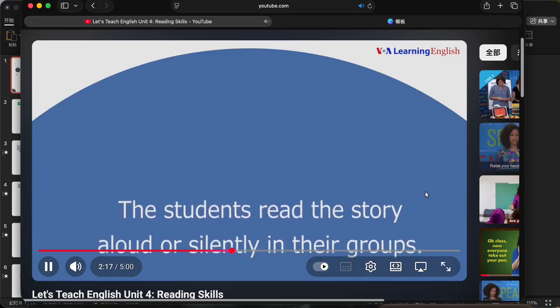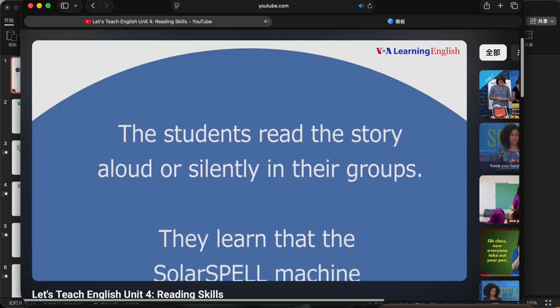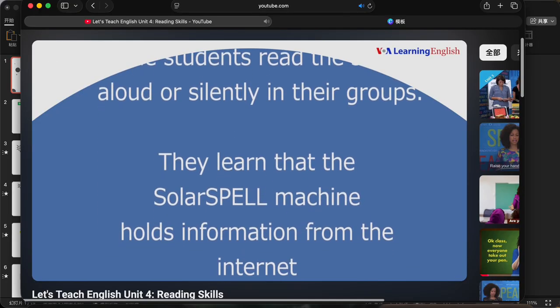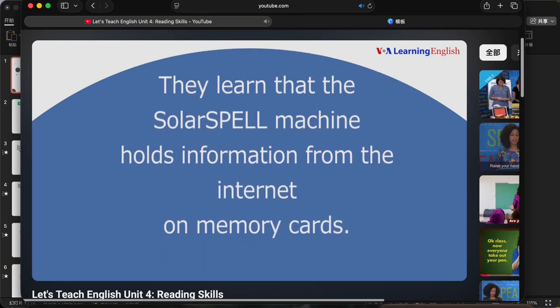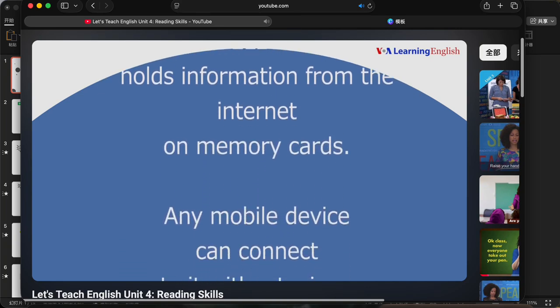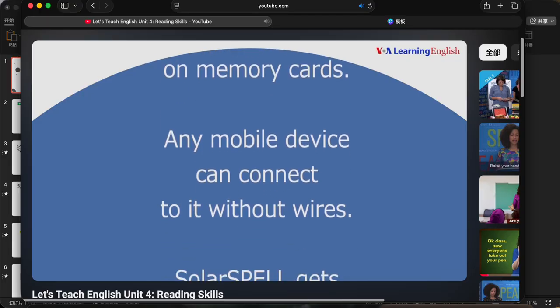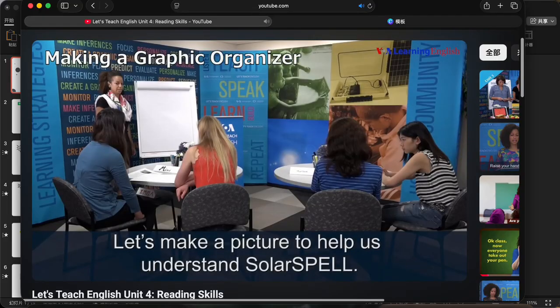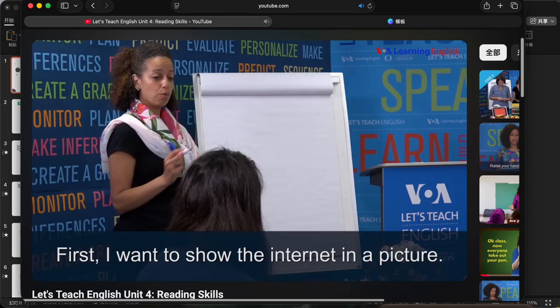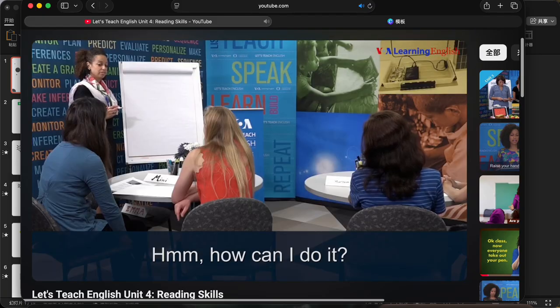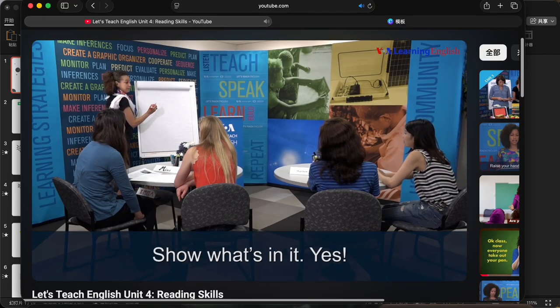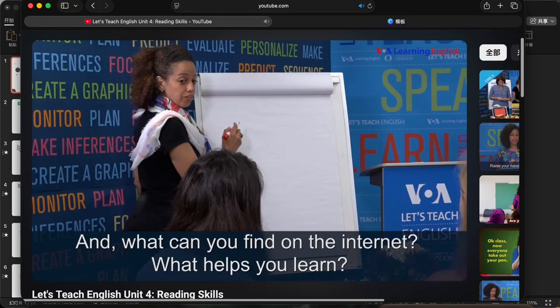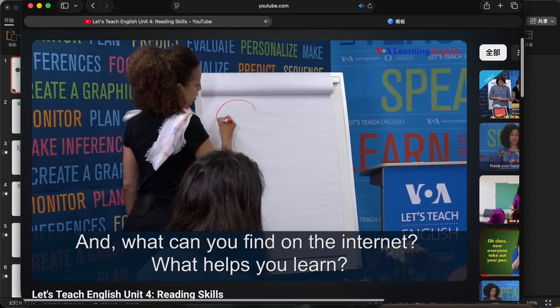Group reading. The students read the story aloud or silently in their groups. They learn that the solar spell machine holds information from the internet on memory cards. Any mobile device can connect to it without wires. Solar spell gets its power from the sun. Let's make a picture to help us understand solar spell. First, I want to show the internet in a picture. How can I do it? Show what's in it. Yes. And what can you find on the internet? What helps you learn?